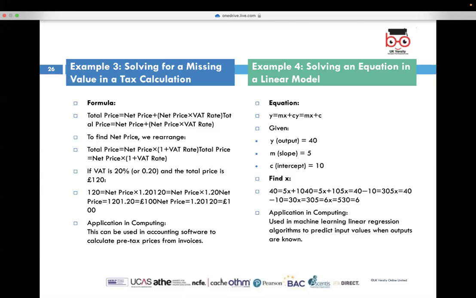The application in computing is that this can be used in accounting software to calculate pre-tax prices from invoices.